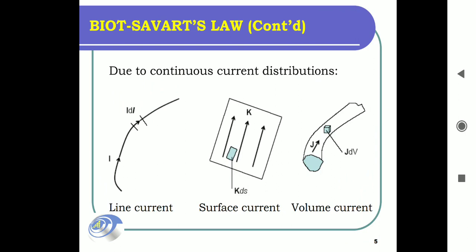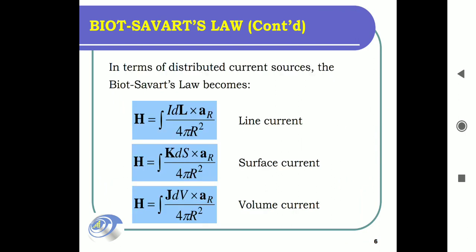And these are the different current distributions: line current, surface current and volume current. A line current for a particular line can be given as I dl ar upon 4 pi r squared, whereas for a surface it is dealt with for a differential surface area with current density K assumed.